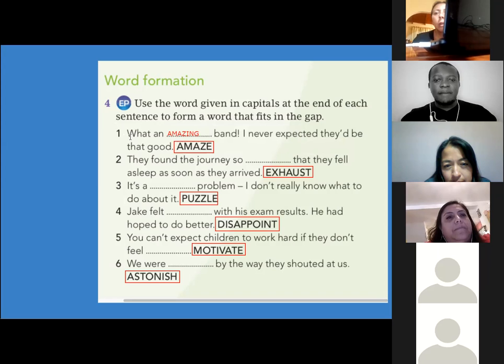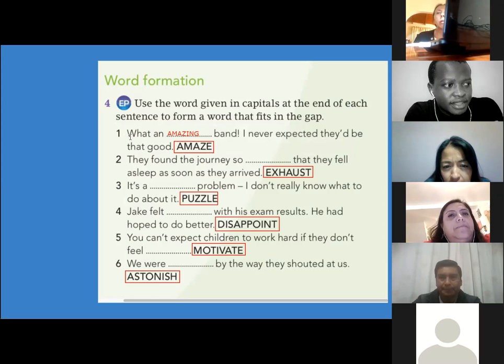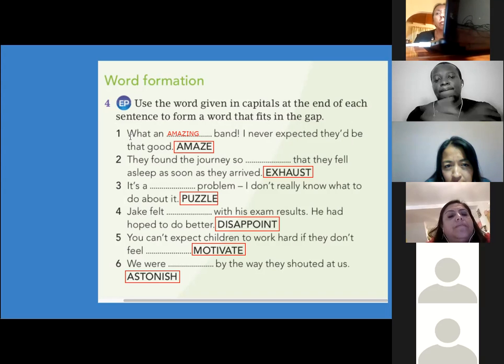What are we describing in number 1? Guys, what are we describing? A thing. A thing which causes people to be amazed. So it is an amazing band. When you watch them, you become amazed.